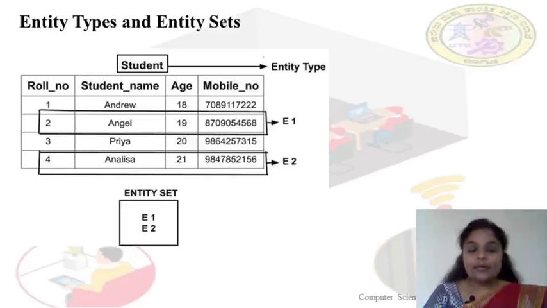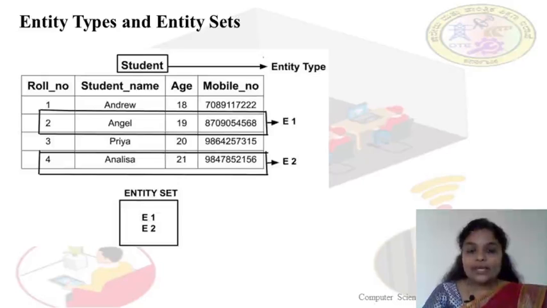From yesterday's class and today's class, at least try to correlate our ER diagram with respect to this table. In the ER diagram, I told you that you have entities and attributes, and that entities are represented in rectangular boxes and attributes in ellipses.